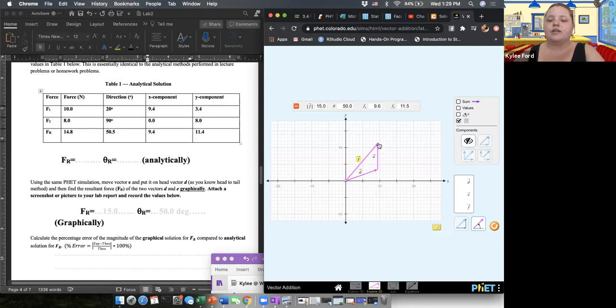We get as close as we can, and then that would be our resultant vector. So they're just showing you different ways of how to work with vectors, add them together mathematically and graphically.